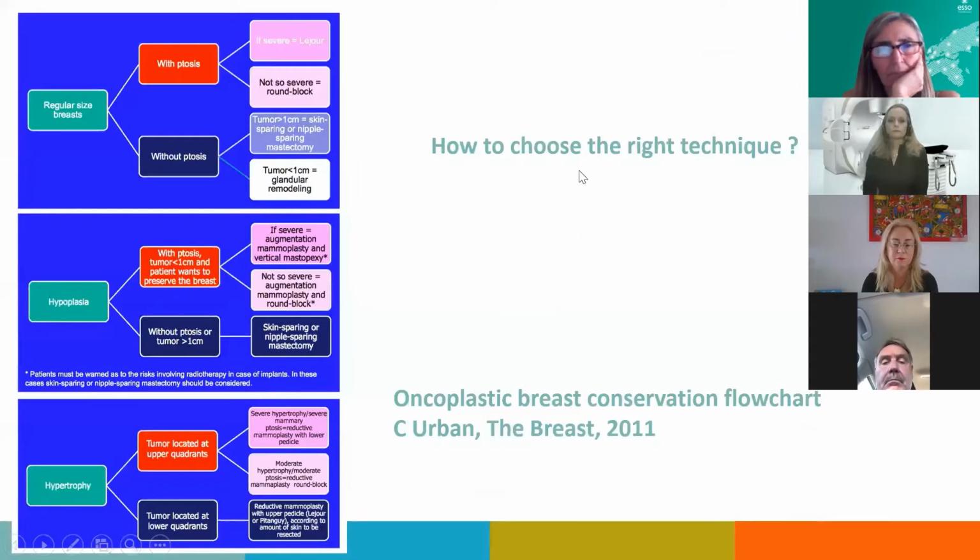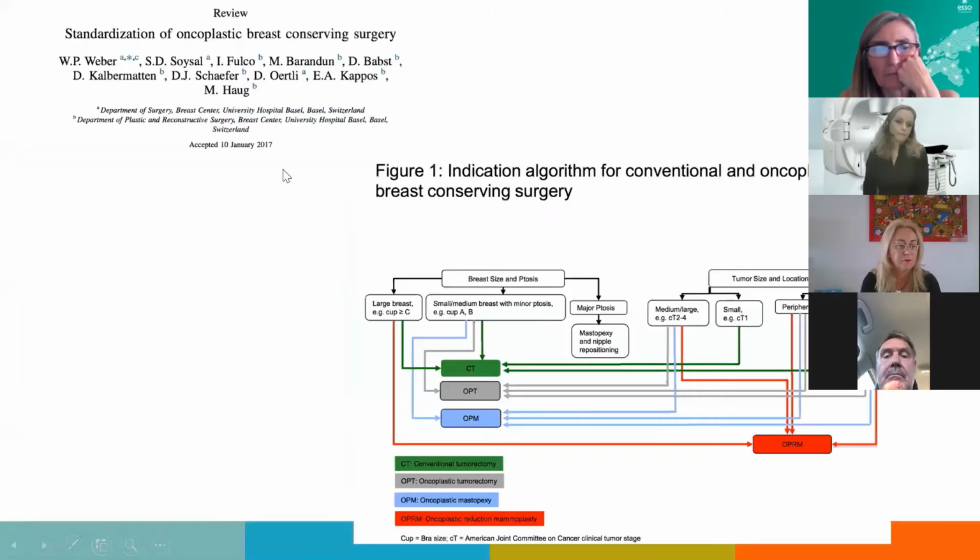Another algorithm which helps to choose the right technique considers the size of the breast, small, large, or regular size, whether there is any ptosis present, and also different tumor locations, which define what procedure we would choose in order to achieve the best aesthetic outcomes with safe oncological outcomes too.